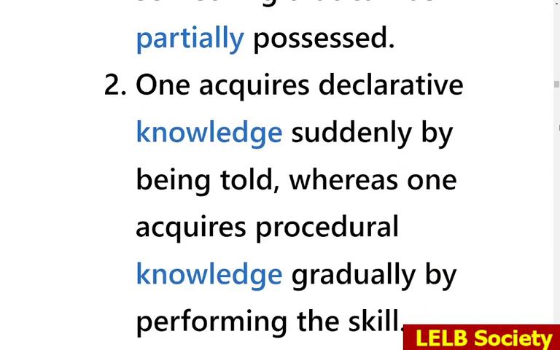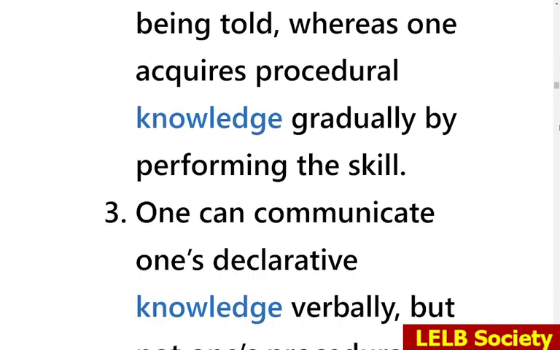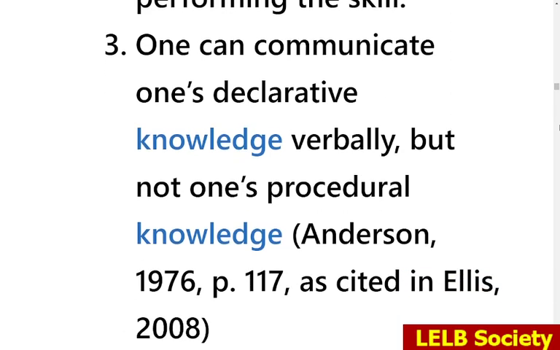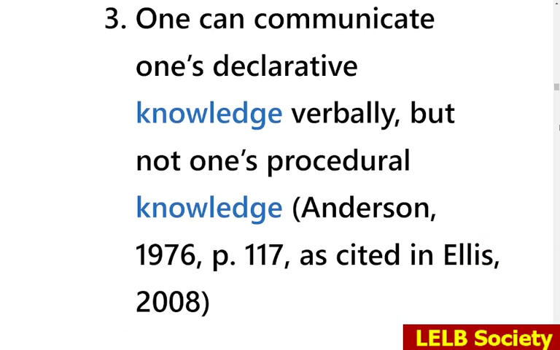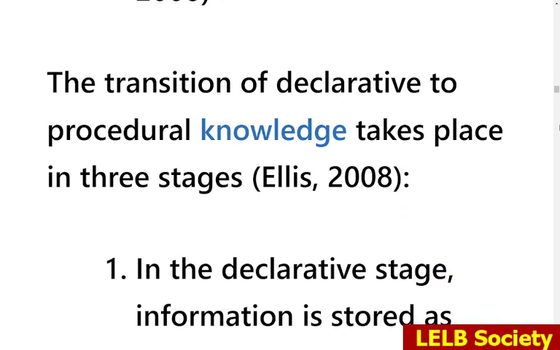One acquires declarative knowledge suddenly by being told, whereas one acquires procedural knowledge gradually by performing the skill. 3. One can communicate one's declarative knowledge verbally, but not one's procedural knowledge. Anderson, 1976, page 117, as cited in Ellis, 2008.